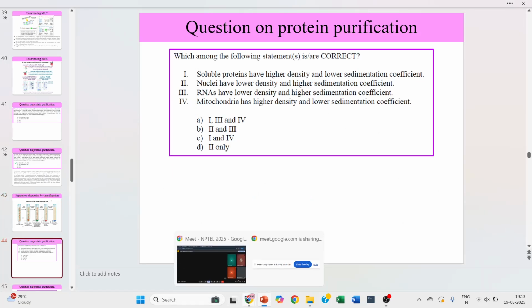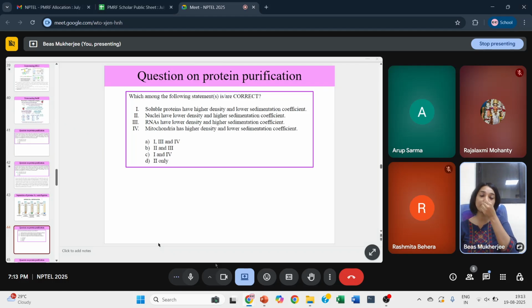Right. Now try to answer these questions. Question. Which among the following statements is or are correct? One, soluble proteins have a higher density and lower sedimentation coefficient.